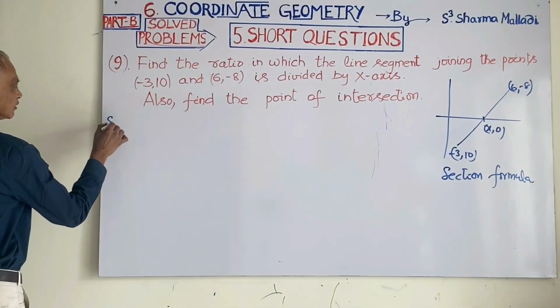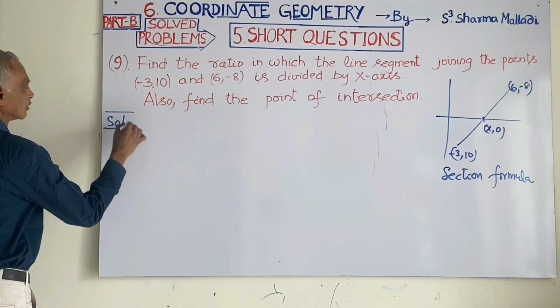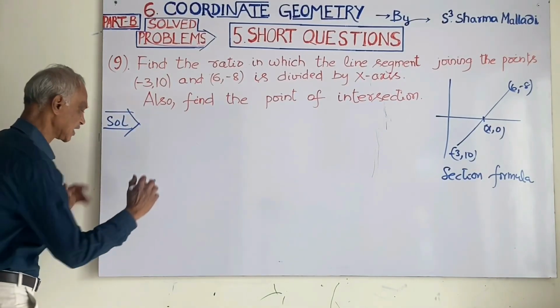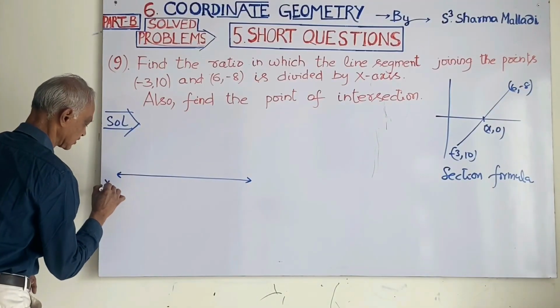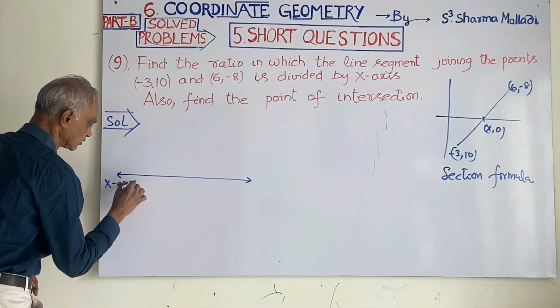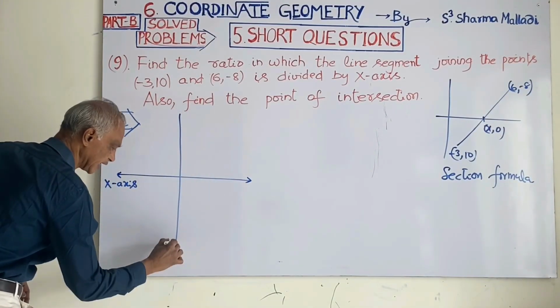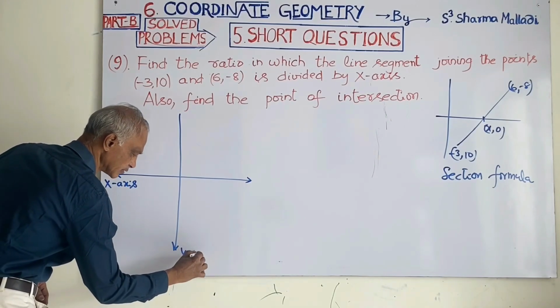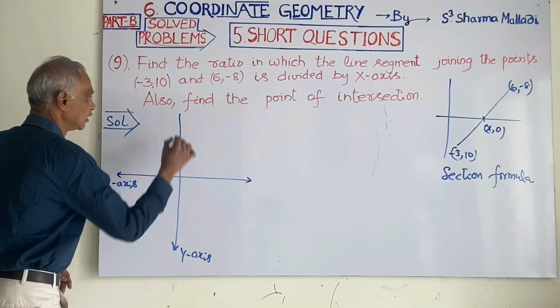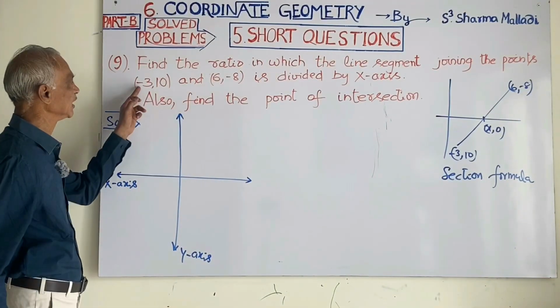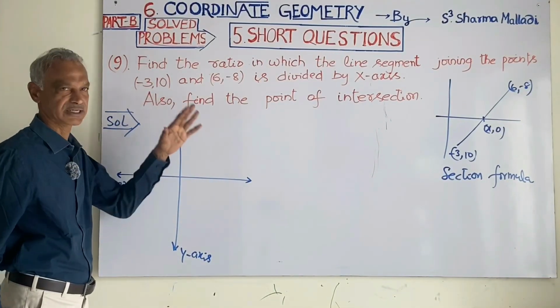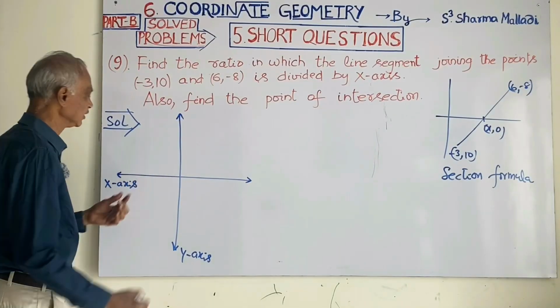Now solution. Now draw the x-axis and y-axis. Now we have to draw the line segment (-3, 10) and (6, -8). (-3, 10) will be here.